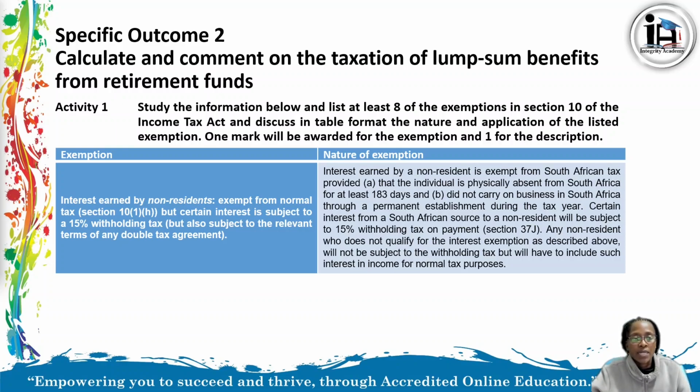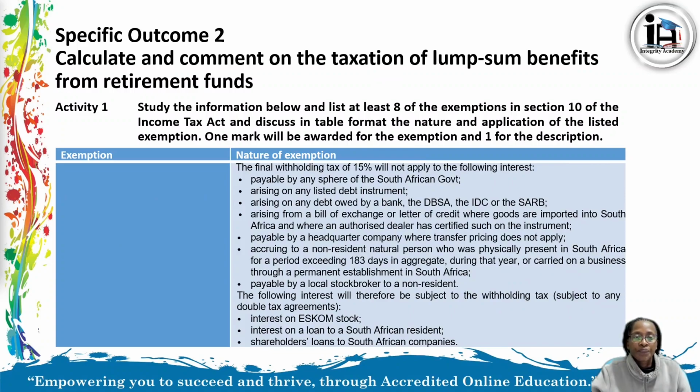So far, so clear. The final withholding tax of 15% will not apply to the following interest: payable by any sphere of the South African government, interest arising on any listed debt instrument, arising on any debt owed by a bank, the DBSA, the IDC, or the SARB.